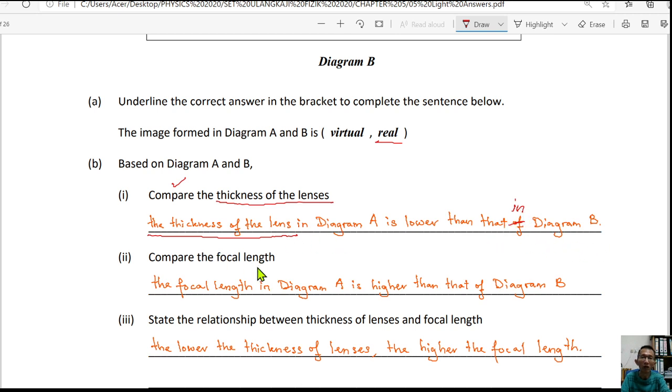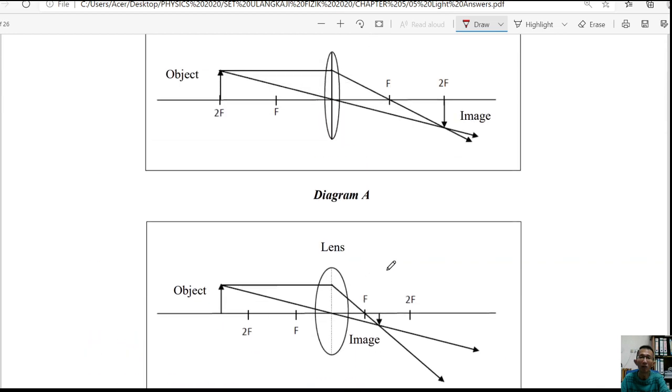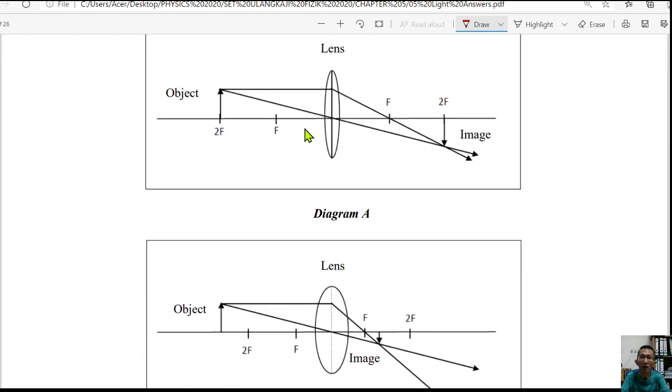So next one, the focal length. Okay, the focal length. So the focal length would be from the optical center to my F, or from F to F, also my focal length. So just compare between these two pictures that I can see that the focal length in diagram A is greater, right?